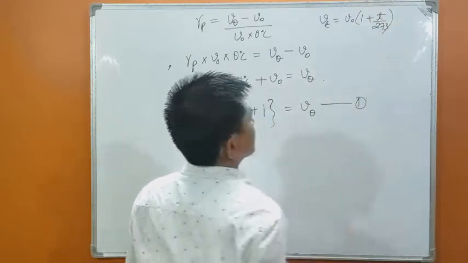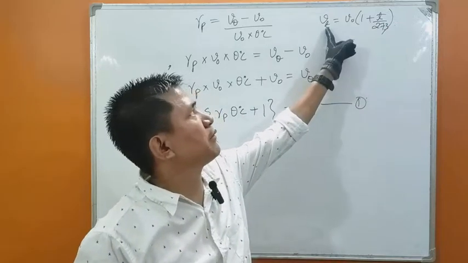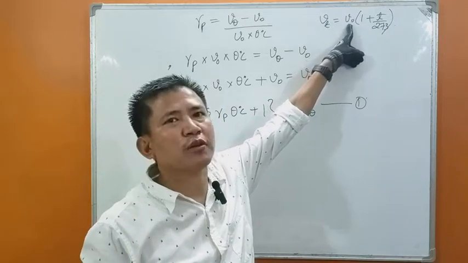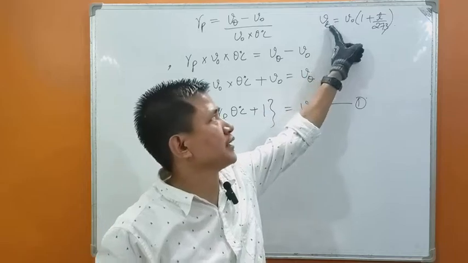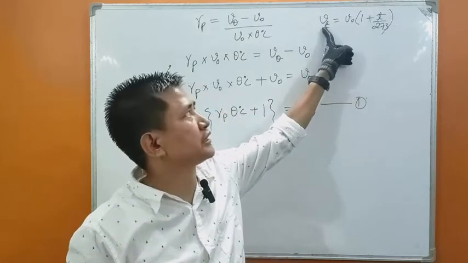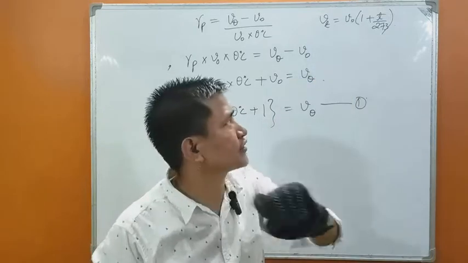This is the general equation of Charles' law. Vt is the volume of the gas at temperature T degree Celsius, and V0 is the volume of the gas at 0 degree Celsius.